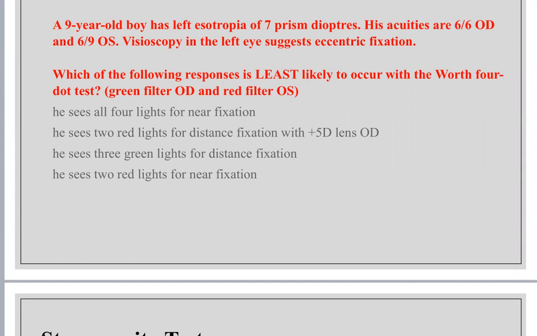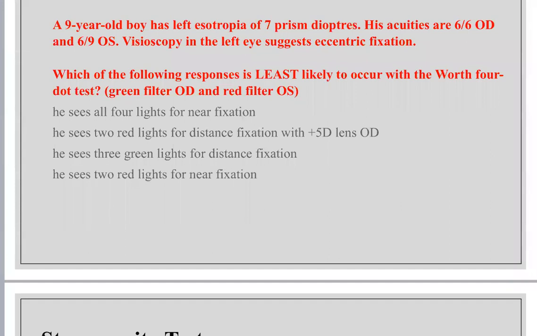He sees 3 green lights for distance fixation. Yes, this is also evident because his other eye, his left eye, is suppressed, has a suppression scotoma.